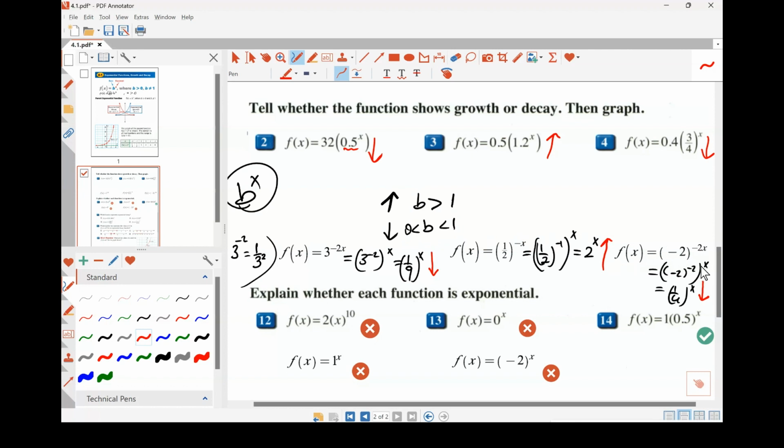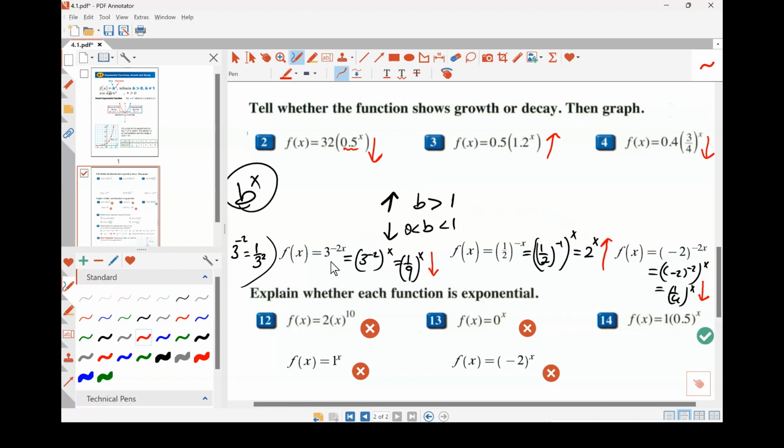For the last question, you might say it is not an exponential function because I have a negative base, but it turns out my base is not negative, it's positive, so it's an exponential function. In this question, you might say my base is 1 over 2, so it's exponential decay, which is wrong because when I simplify it, I got 2 as a base, which makes the function exponential growth.